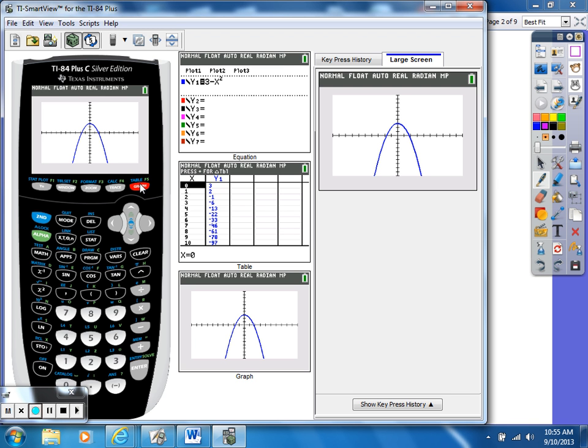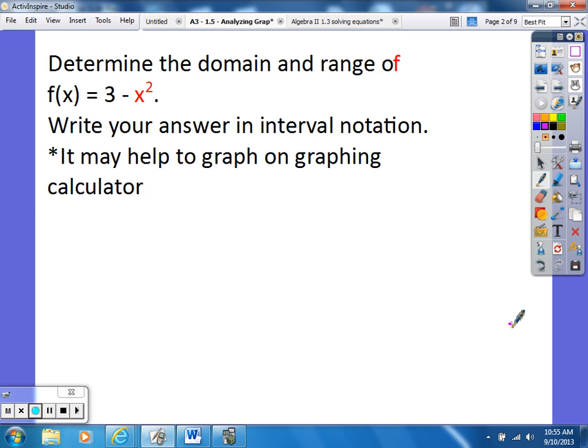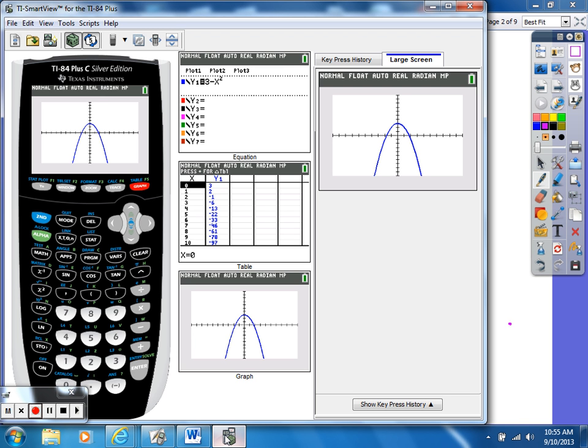Now, domain. So the first thing we're talking about is domain. So I'll write domain. When you're talking about domain, what are you talking about? The x's. We're looking at the x's, right? Now, as I'm looking at my x's, do my x's go continuously this way?